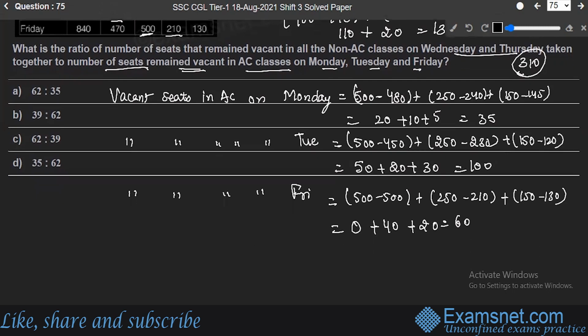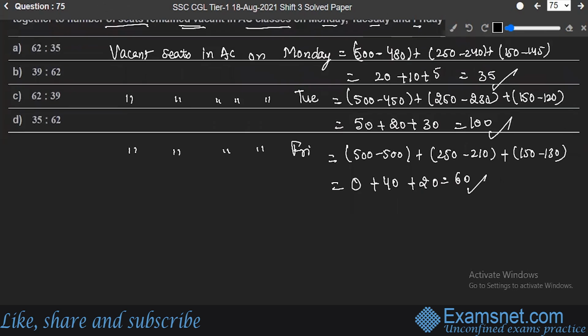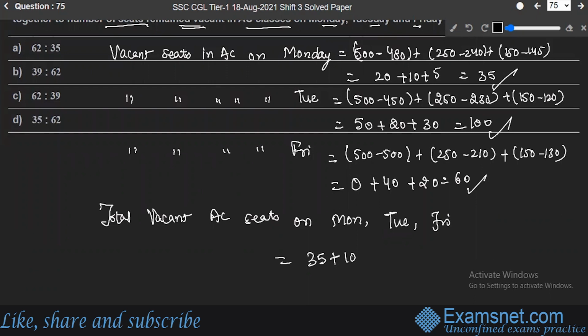Right. Let's add them now. So 35 plus 100 plus 60. Total vacant AC seats on Monday, Tuesday, and Friday is 35 plus 100 plus 60, that is equal to 195.